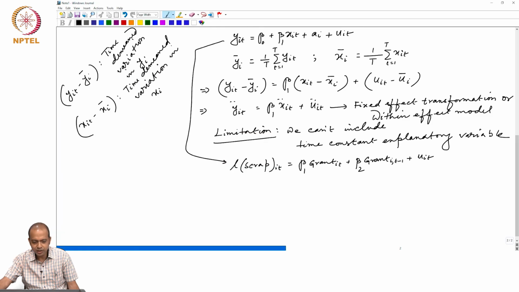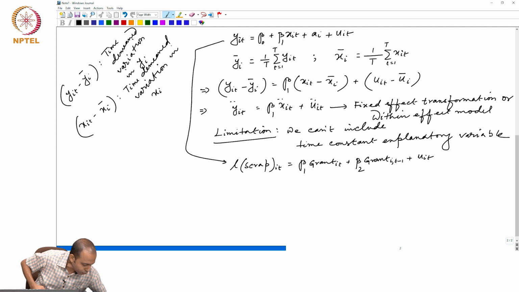Now, in this model, one thing is surprising. If you look at the theoretical model here, this is the model: Y_it minus Y_i bar equals beta 1 times (X_it minus X_i bar) plus U_it minus U_i bar. So, in this equation, there is no constant term.